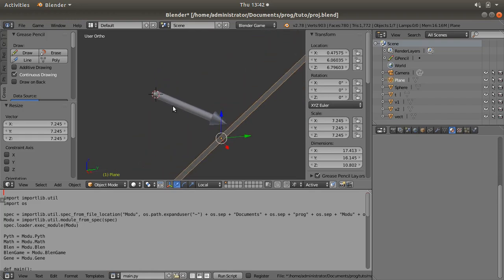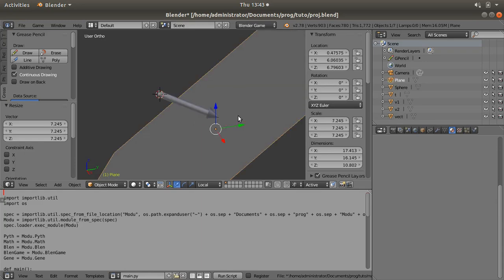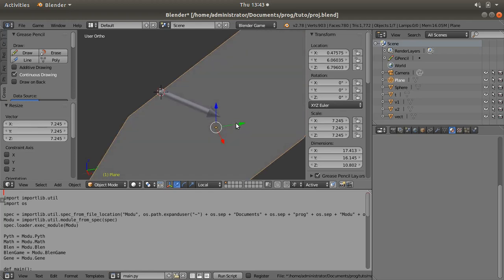So this is different from the previous problem, because before we were just finding a direct point. In this case, I might be pointing like a bow and arrow at a target, and I want to know if I continue that arrow straight into space, where is it going to intersect with this plane?